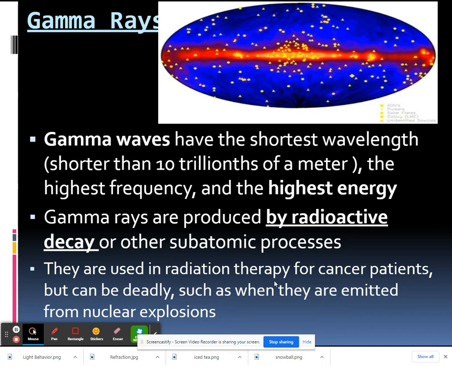But the idea with what's known as quote unquote radiation cancer treatment is that you kill all the cancer cells, you kill some of your healthy cells, but there are enough healthy cells around there to go through mitosis and make more, and eventually your body repairs itself, but the cancer dies. But it's also very dangerous. That's why a lot of times people with radiation treatment get sick as well. And as I just said, nuclear explosions and fission and fusion usually release gamma rays as well.